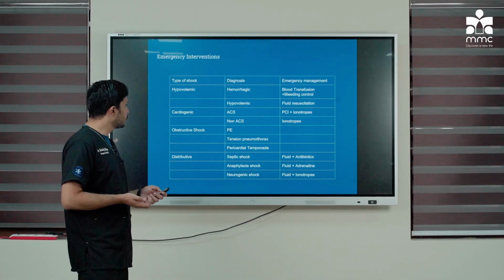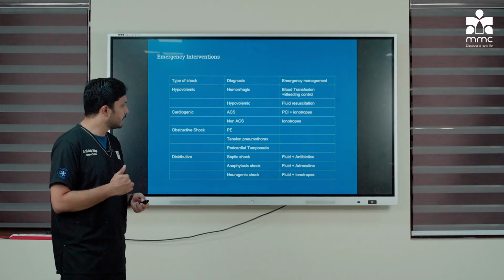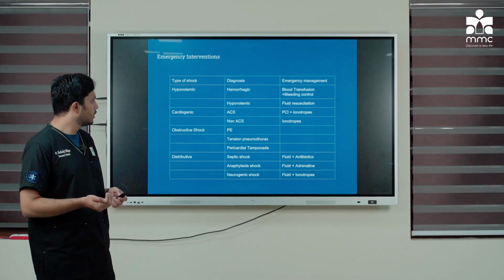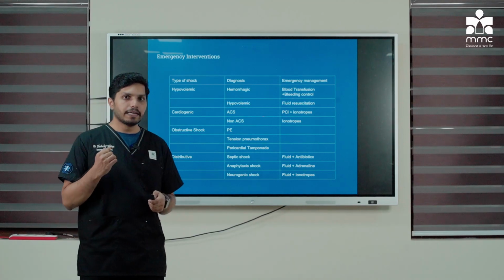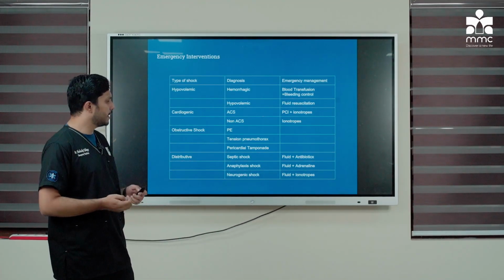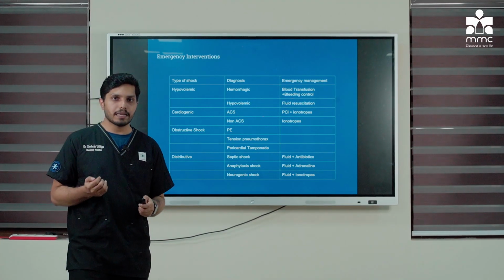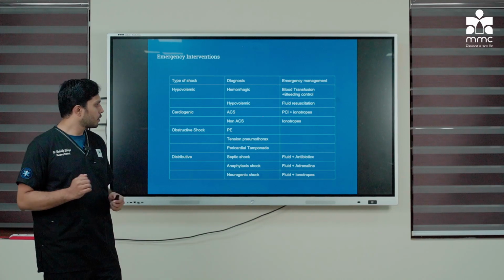If it is obstructive shock, as we already discussed, it can be pulmonary embolism, tension pneumothorax, or pericardial tamponade. If pulmonary embolism and the patient is in shock, we have to use thrombolytic treatment. If tension pneumothorax, we have to use needle decompression. For pericardial tamponade, we can use pericardiocentesis as the emergency intervention based on the RUSH protocol.